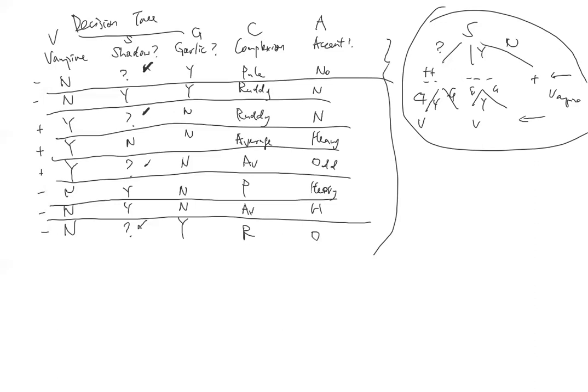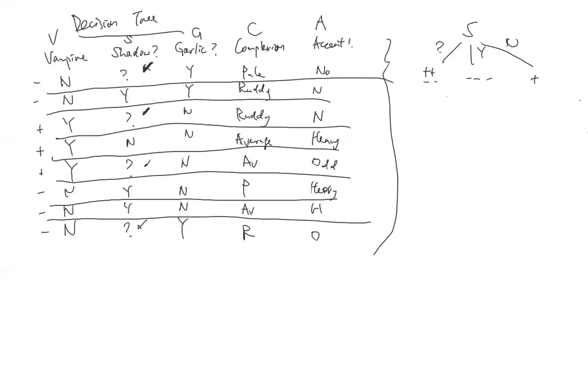And by the way, this is for the case with shadow. We can look at a couple more features as an example. Let's say I also look at the garlic one. Maybe I just write G here.